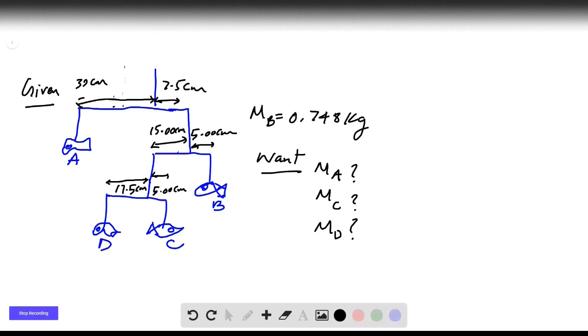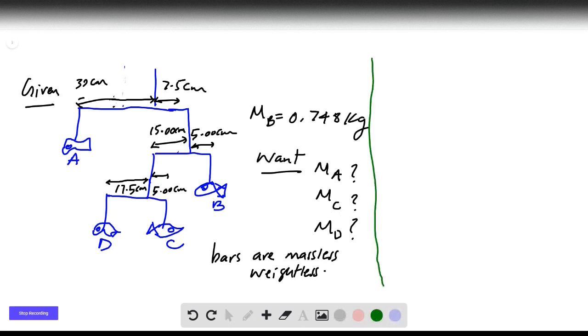The other thing is that the bars are massless, so they don't have any mass. I mean, you could say they're weightless, because if you don't have mass, then you also don't have any weights going on. So we're going to use torque.